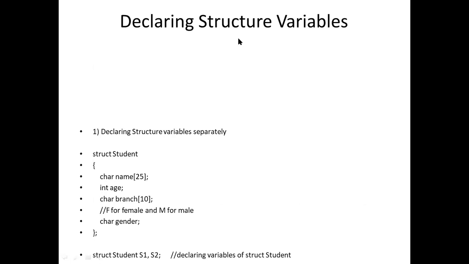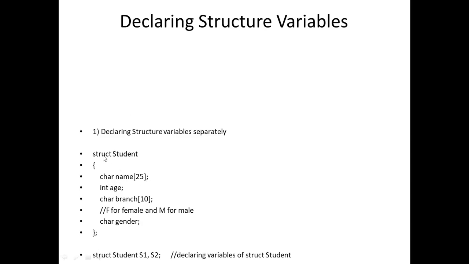How to declare a structure variable? We are going to declare a structure variable in different ways. One way is struct student with its members name, age, branch, and gender.